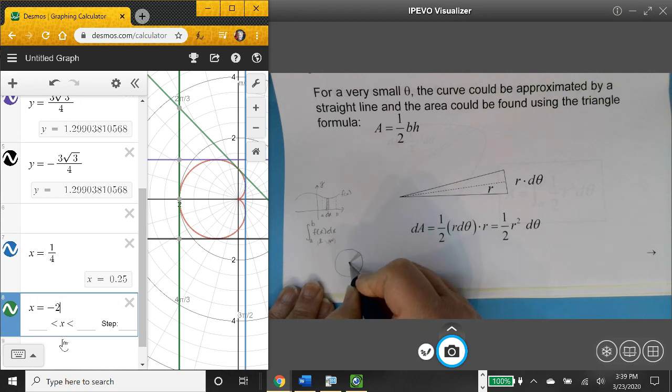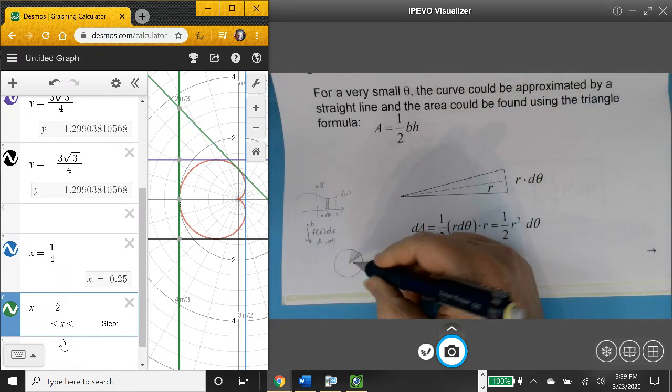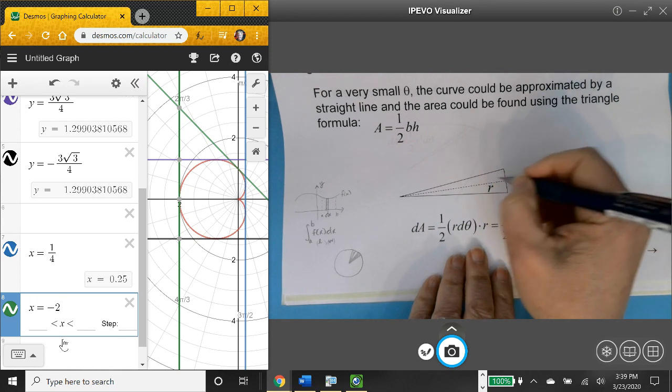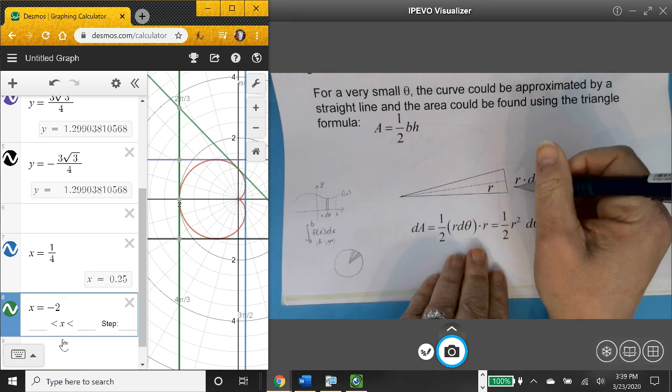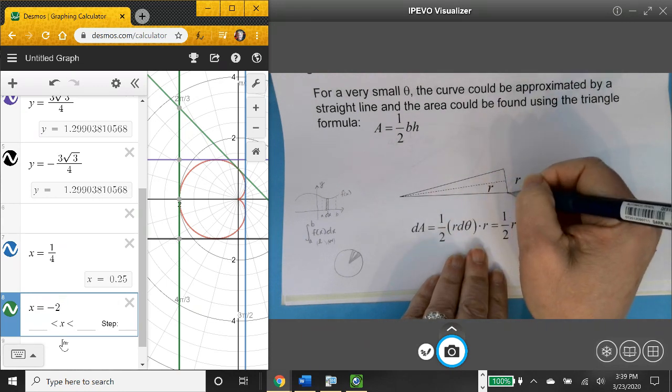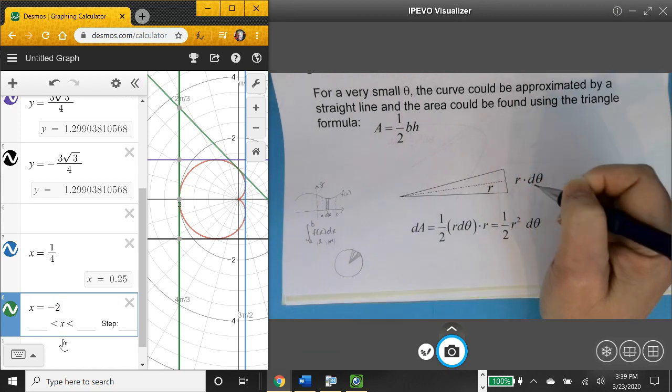And if theta is really small, so small, you can almost not distinguish between a sector, which has a curvy edge, and a triangle, which has a straighter edge, because it's locally linear.